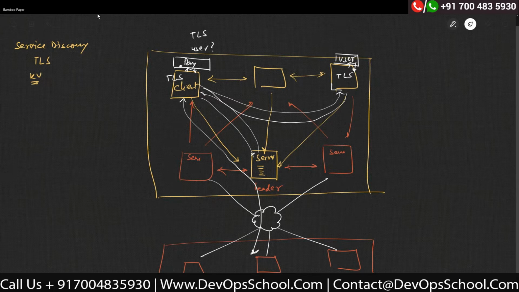It's all HTTP plain text communication. So if you imagine these components are not there, then these payment and user applications are just running, knowing nothing about each other. But with this architecture, because of this intermediary, the payment application now knows where the user application is, and also it can communicate via TLS.